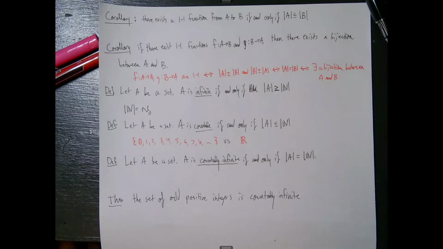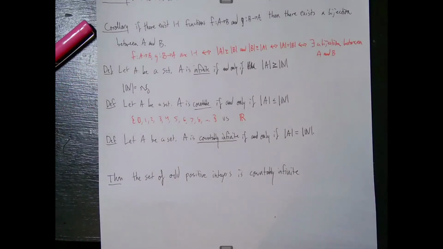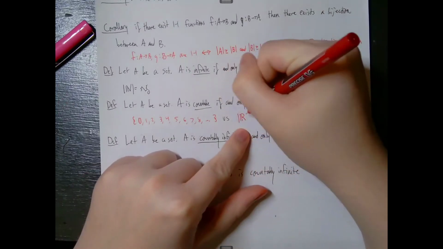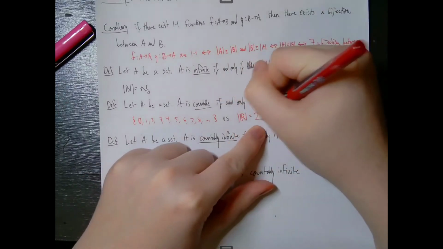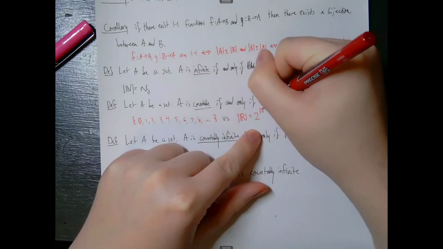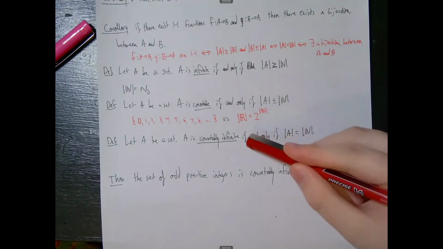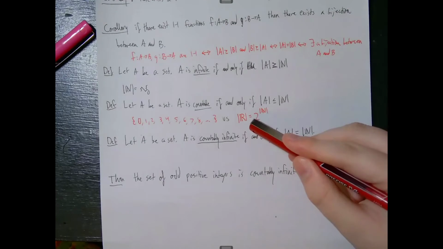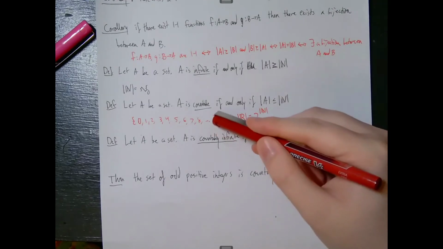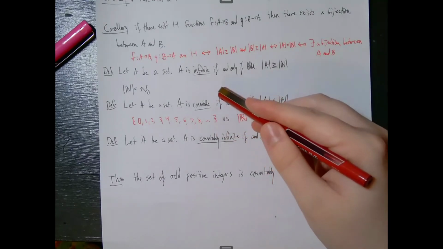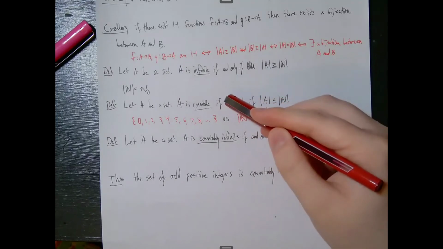But you can actually prove with some crazy math that the cardinality of the real numbers is equal to 2 to the power of the cardinality of the natural numbers using power sets. It's some really crazy stuff, but we're not going to worry about this. I'm never going to ask you about any of this kind of stuff. Just know what the definition of countable and the definition of infinite are in terms of this whole discussion.